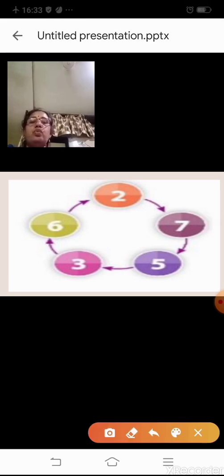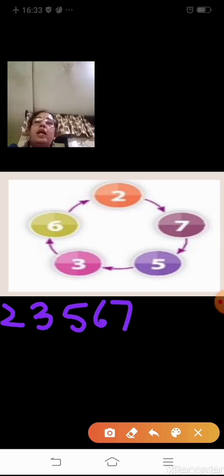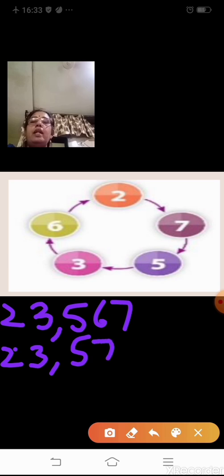Let us first take the digits 2, 3, 5, 6, 7. Now here I have formed a 5 digit number, that is 23,567. You can interchange these digits and form another number, that is 23,576.